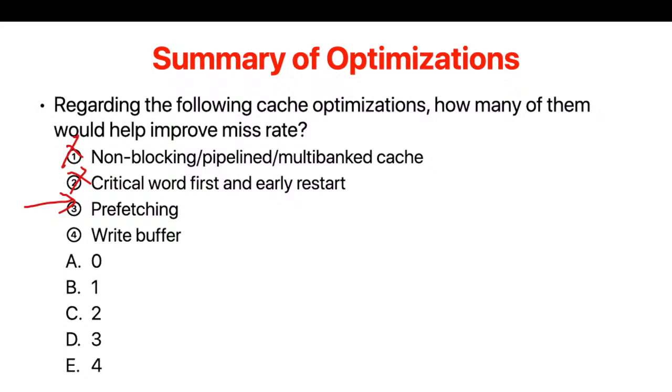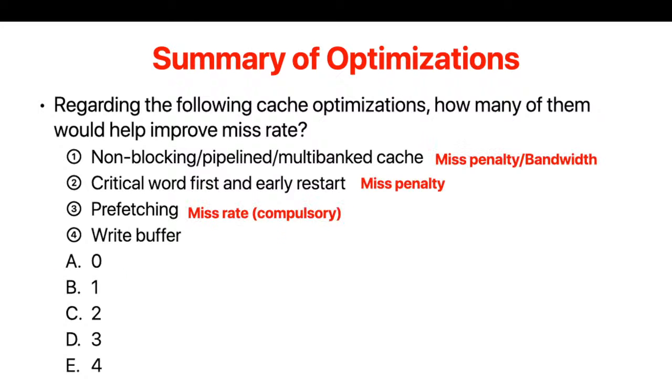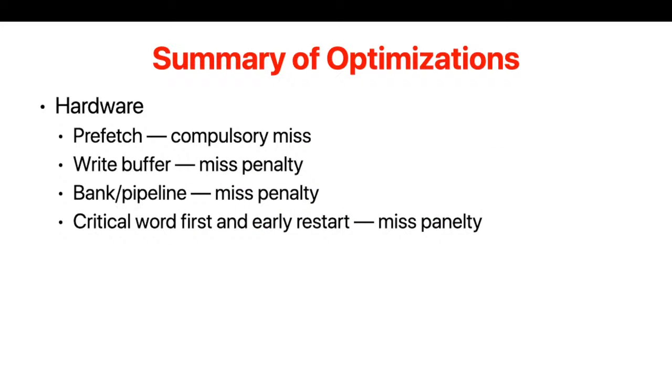So write buffer neither. So the right answer of this question is actually only one thing. Okay? All right. So for now, the only thing that would help is, sorry, prefetch.